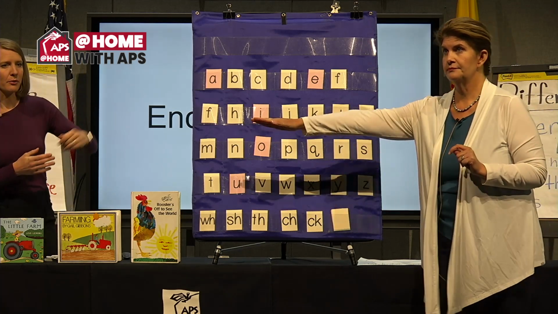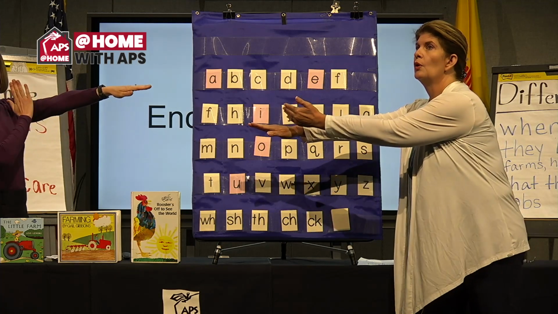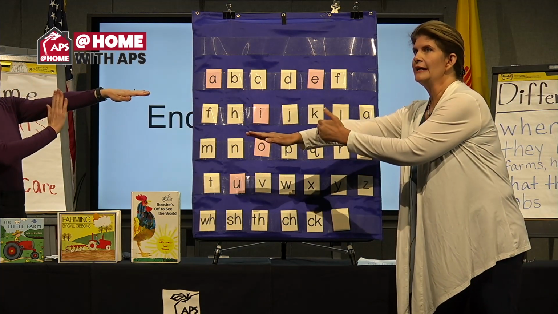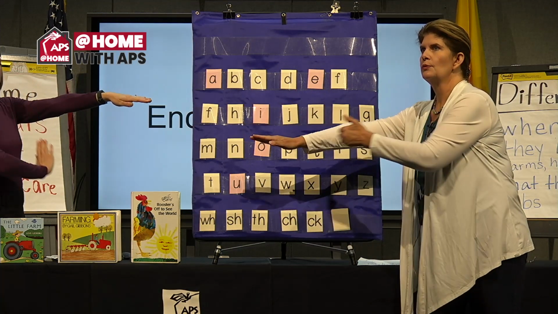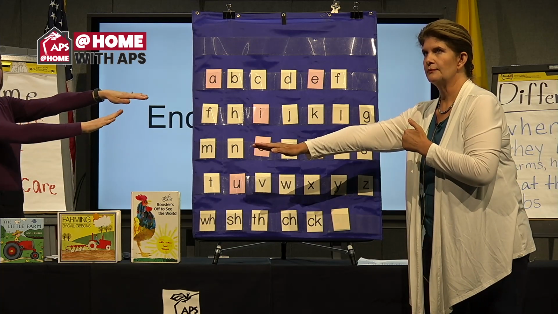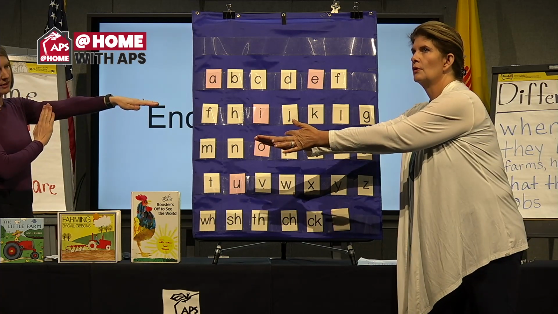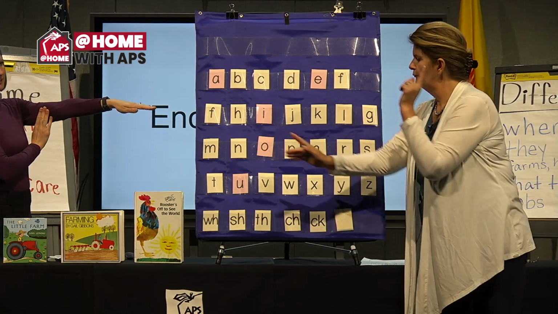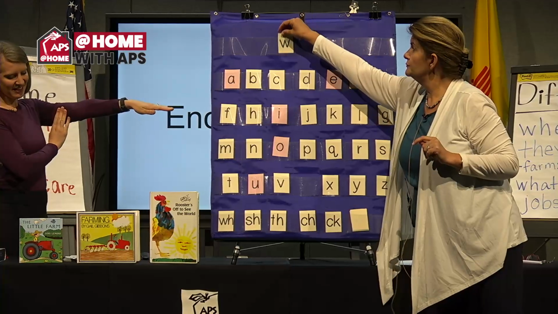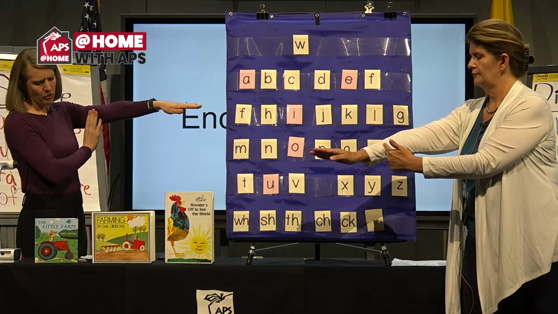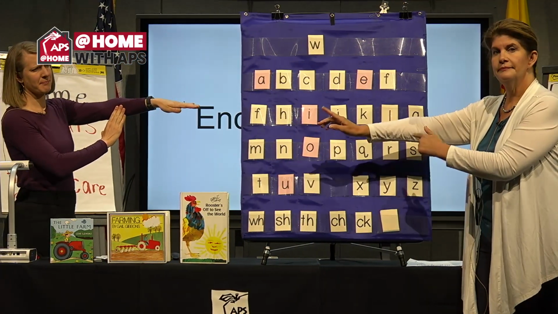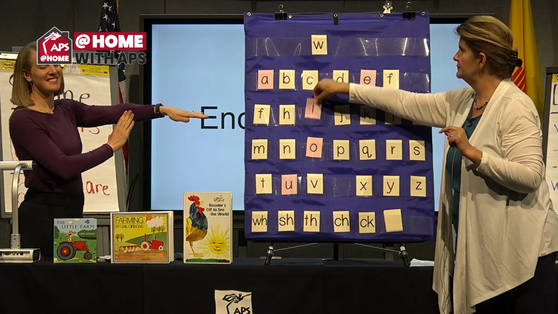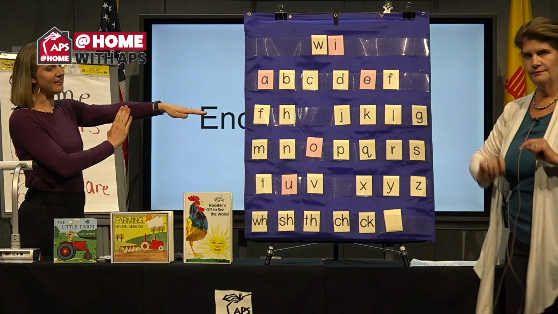Let's tap out the word wit. Ready? Here we go. Wit. So let's start with that first sound. What says W? W. That's right. What says I? I. And the last sound?